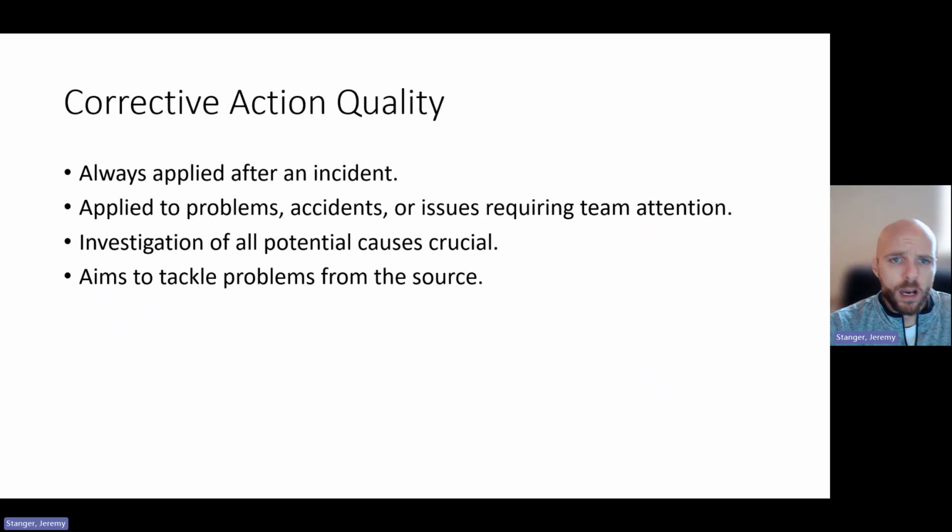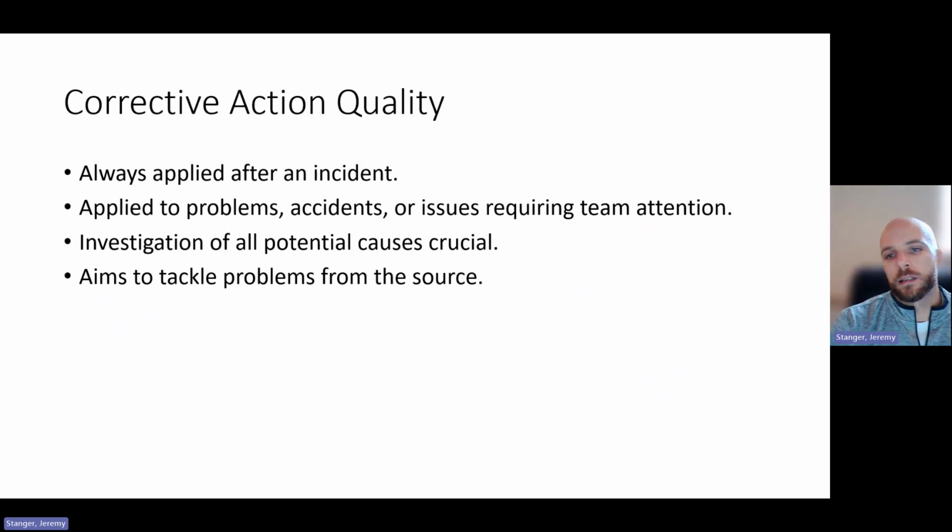Corrective action quality, it's always applied after the incident. So unfortunately, a corrective action is reactive. We're not thinking proactively like when we're doing a job hazard analysis and thinking, okay, what could happen? And then implementing solutions to prevent that undesirable event from happening. It's more after the fact, after something's occurred, right?